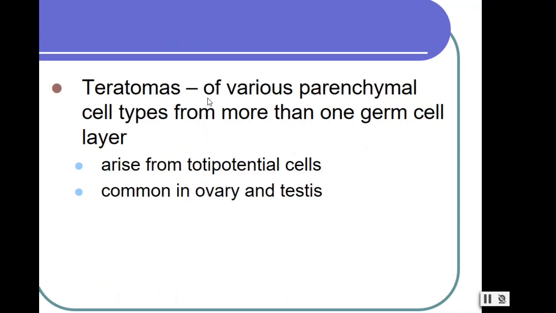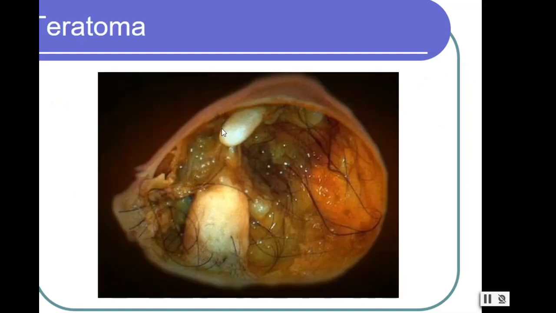Pag teratoma, okay, it's various parenchymal cell types from more than one germ cell layer. It arises from totipotential cells. It is common in the ovaries and the testes. Kasi nga, sila yung ninunong cell. So, malamang doon pa lang sila sa reproductive organ nagsimula. So, these are your teratoma.